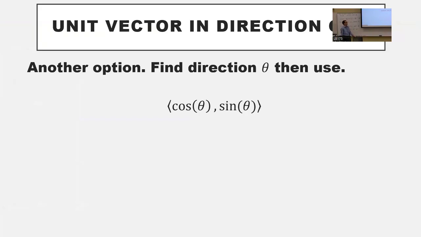And that is just to find the direction and then state, since each unit vector ends at the end point of a point on our unit circle, each unit vector can be thought of as cosine theta, sine theta for some direction theta. So another way of finding the unit vector is to find the direction and then just plug in cosine theta is your x value, sine theta is your y value. Does that make sense?